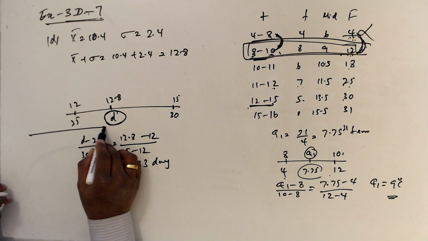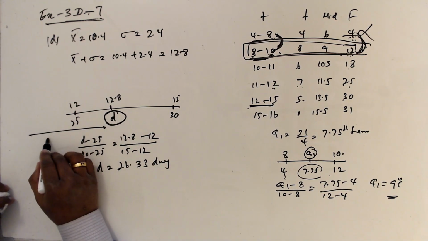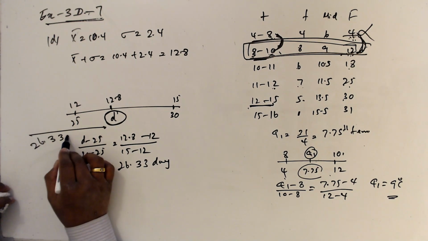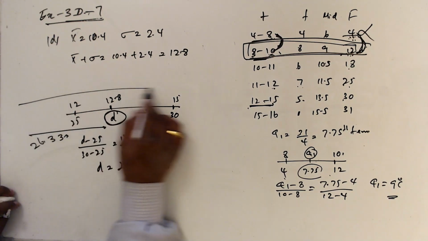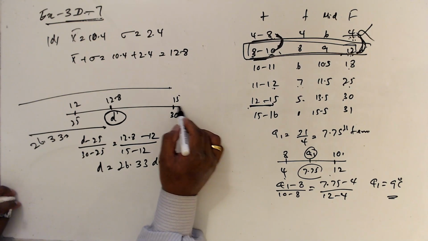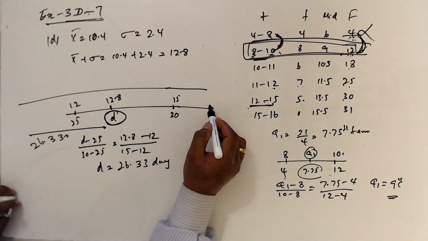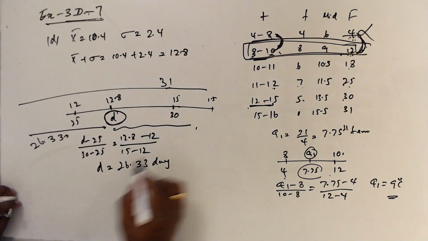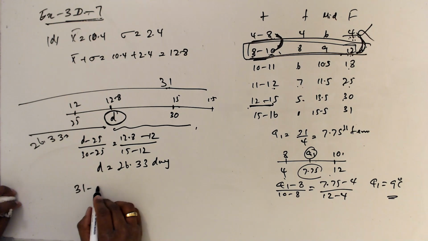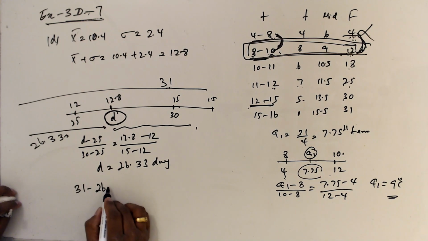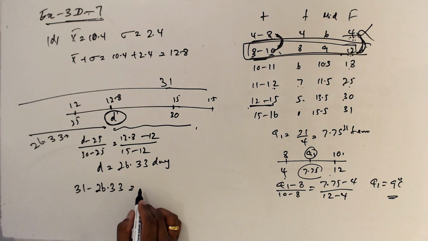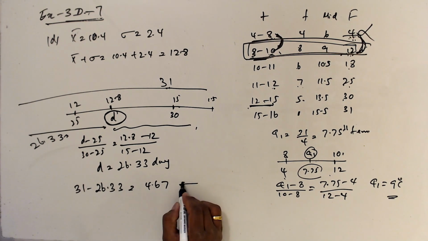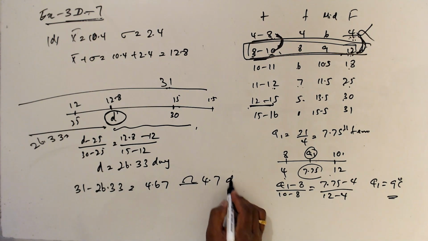Up to here it is 26.33 days. In total it is going up to 31. So this distance is 31 minus 26.33, so that is 4.67 approximately, let's say 4.7 days.